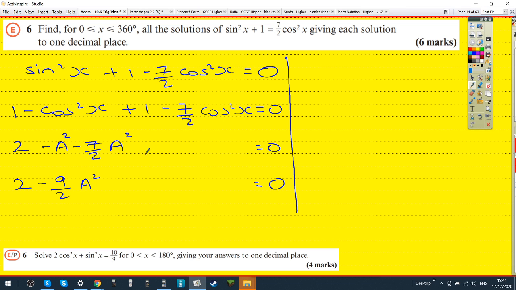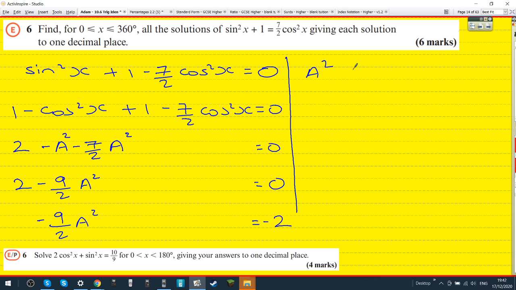And then would you minus 2 on both sides? Yeah, which gives you minus 9 over 2 a squared equals minus 2. And then would you do inverse of cos? Oh no, not yet. Could you square root both sides? Not yet. You have to get a squared equals.